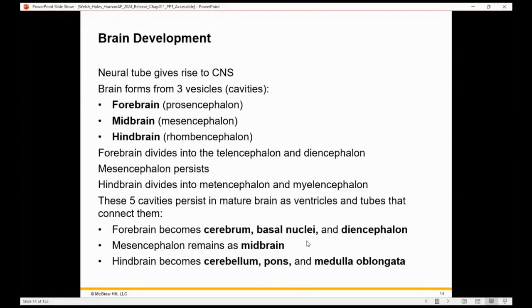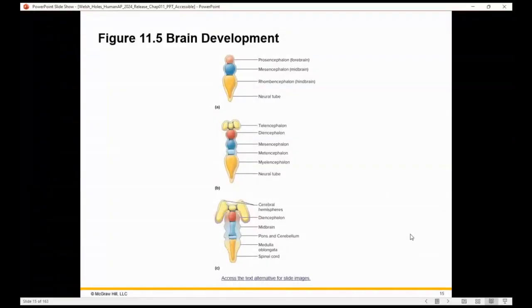The forebrain becomes the cerebrum, the basal nuclei, and the diencephalon. The mesencephalon remains as the midbrain, and the hindbrain becomes the cerebellum, the pons, and the medulla oblongata. This figure shows you brain development through time.